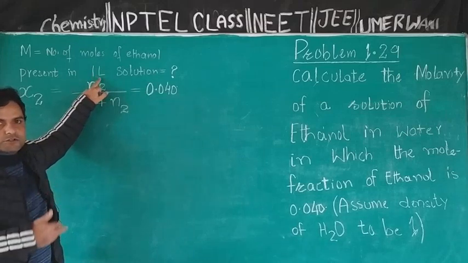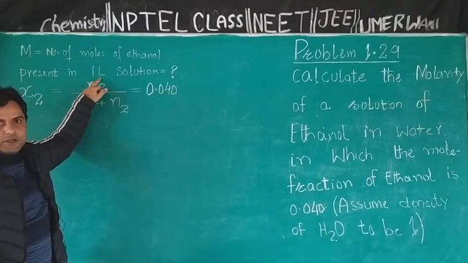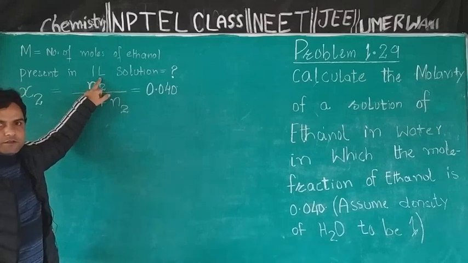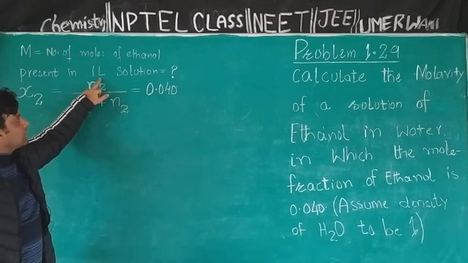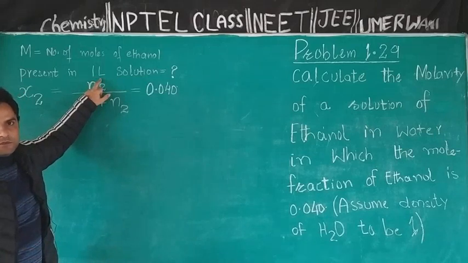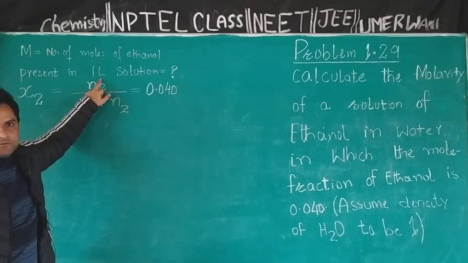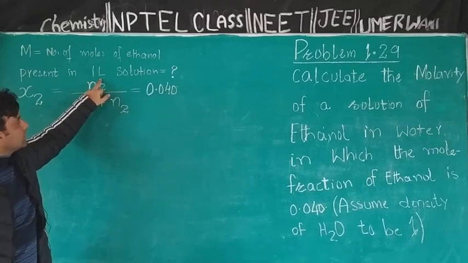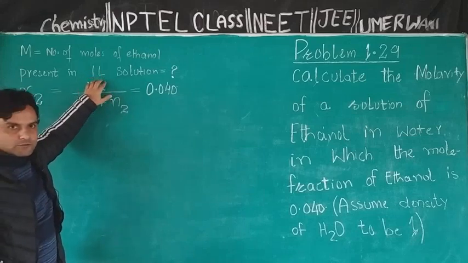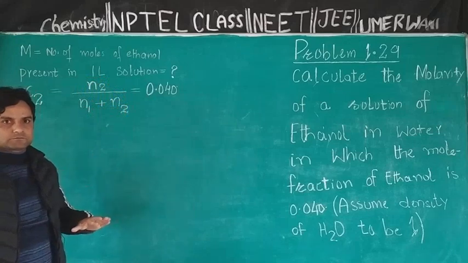This 1 liter solution we can take approximately equal to 1 liter solvent, and solvent is water and its density is 1. Therefore, mass of solvent is 1 kg, that is 1000 grams. Solution is dilute, volume of solution we can take equal to volume of solvent.